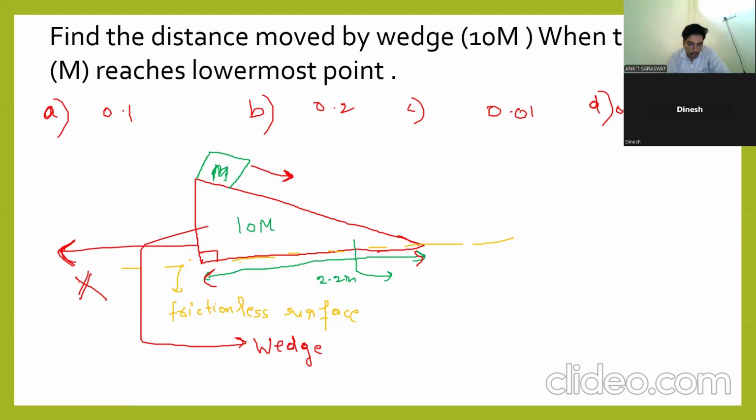Now, very clear, like the sum is constant. Now you need to think in which direction net force is zero. Solve this at your home. Answer is 0.2. This is the question.